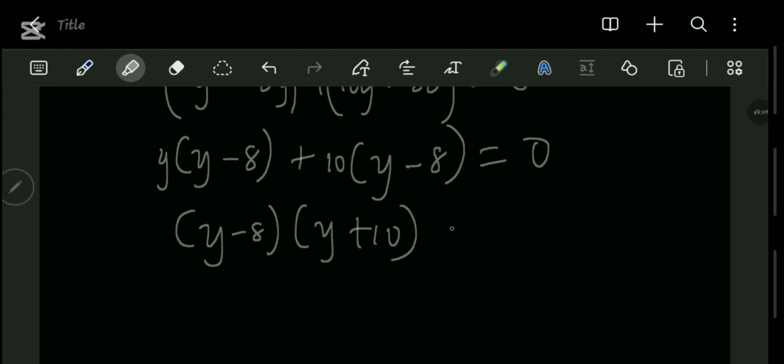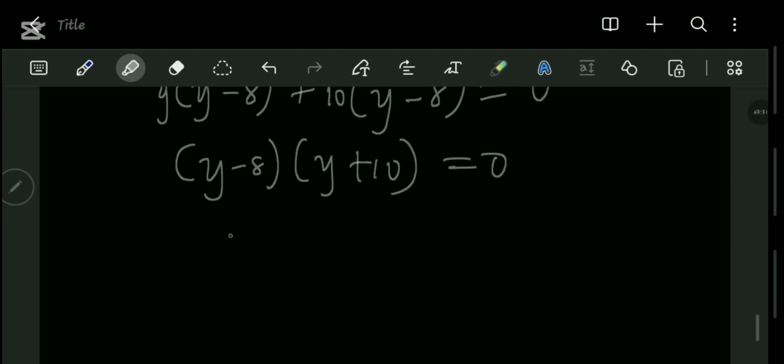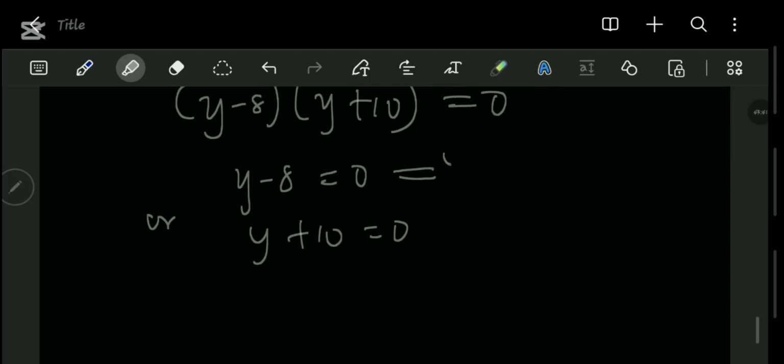This is equal to 0. So what it means is that y minus 8 is equal to 0, or y plus 10 is equal to 0. That is, either this is equal to 0 or this is equal to 0. So if you carry 8 over, you have y is equal to plus 8. And when you transpose this, you have y equal to minus 10.